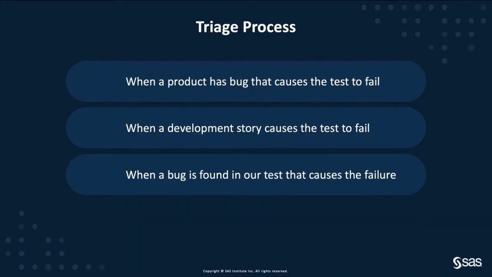Or our test needs to be updated because something, maybe an environment has changed, and now our test is no longer running successfully, and we need to update it. So we're creating a process that would include auto-generating a JIRA ticket when a failure occurs, and creating a triage schedule with people on call to review the ticket and route it as necessary.